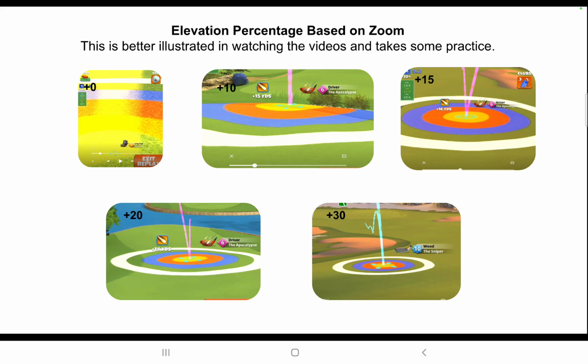Now, I will tell you, when it comes to uphill shots, this gets a little bit trickier, because you're going to try to account for how much extra you can zoom into the bullseye. But like I said, based off our experience, there's very few uphill shots in the game of Golf Clash.